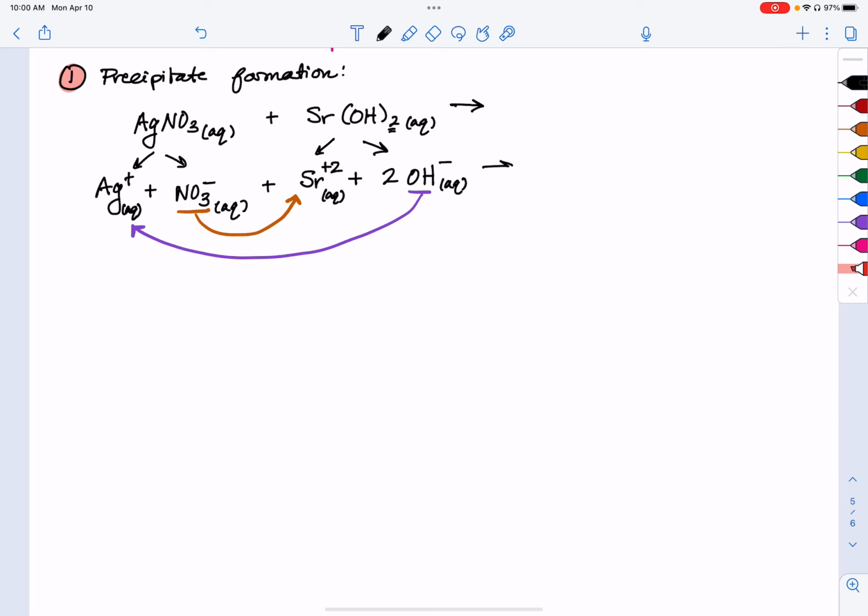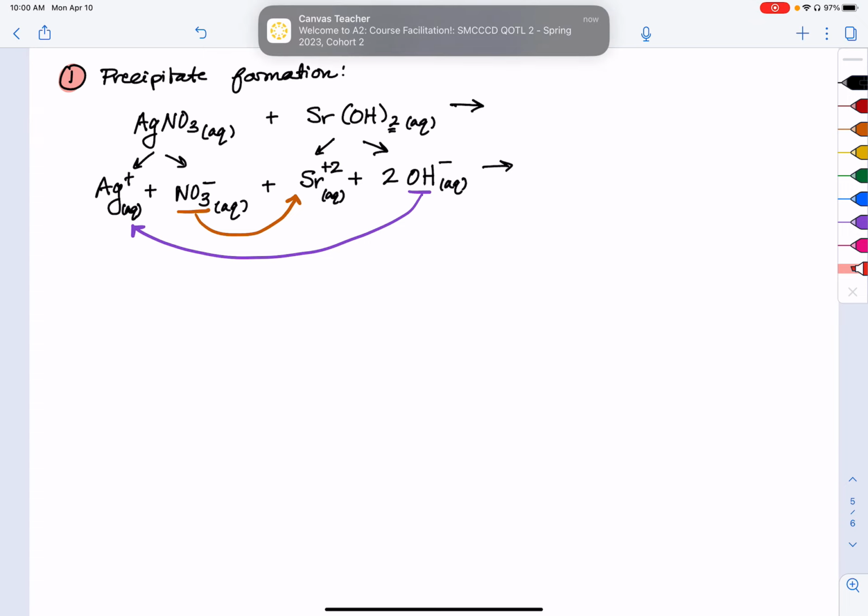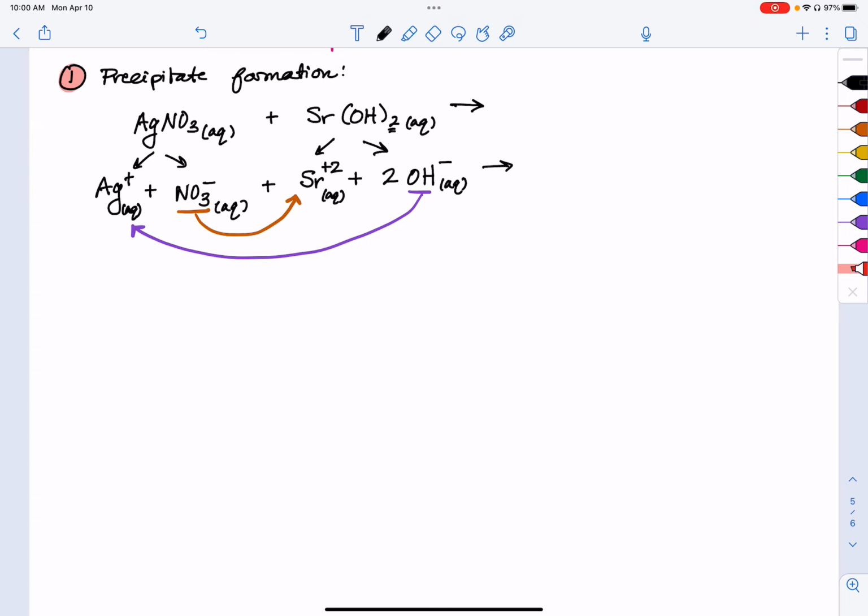So kind of down here in my scratch work, I'm going to see what happens if I were to put my ions together. And remember, you're always going to balance your charges first. So put your compounds together in the correct subscript proportion. And then we will come back through and balance the total quantity of things present after the fact.